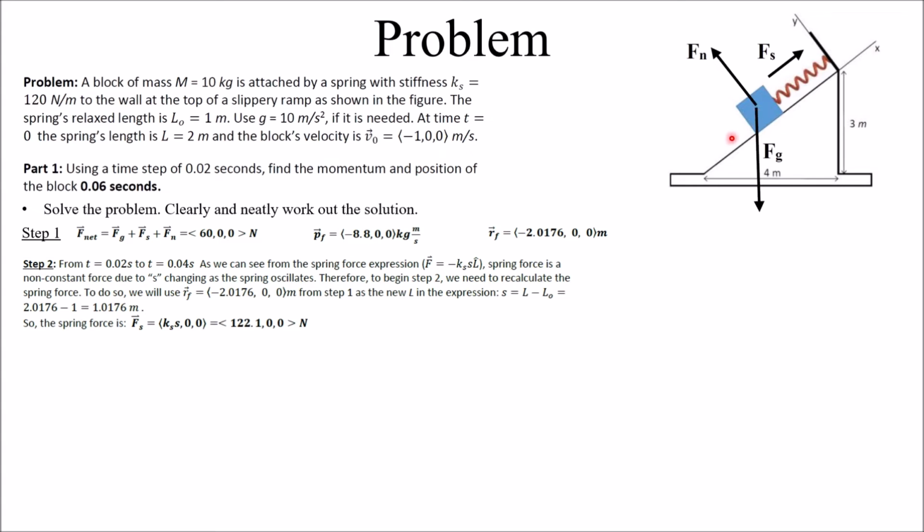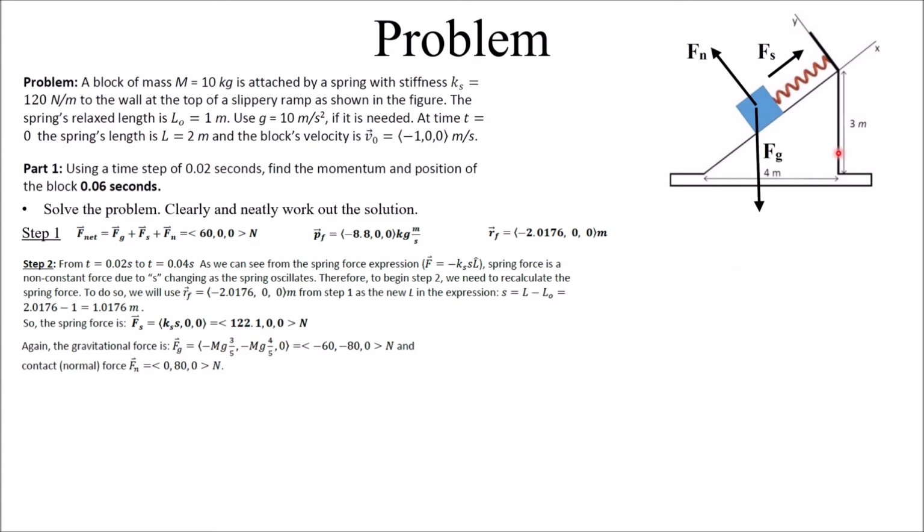It's still moving in the downward direction, but now we have more elongation of the spring, and more elongation means more force. We'll find that new elongation to be a little bit more than 1. When we multiply that by the 120 newtons per meter spring strength, we get something a little bit greater than 120, and so we got 122.1 newtons this time.